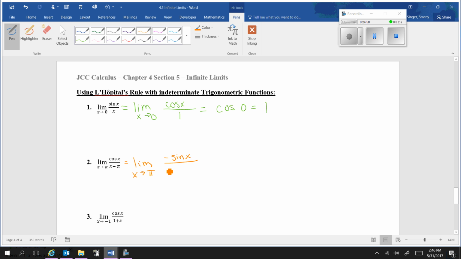Derivative of x is 1. Derivative of pi, remember pi represents a number, so that would be 0, so 1 minus 0 is still 1 in my denominator, so I have negative sine of pi divided by 1. If I type in negative sine of pi in my calculator, you get 0 divided by 1, which gives me 0.